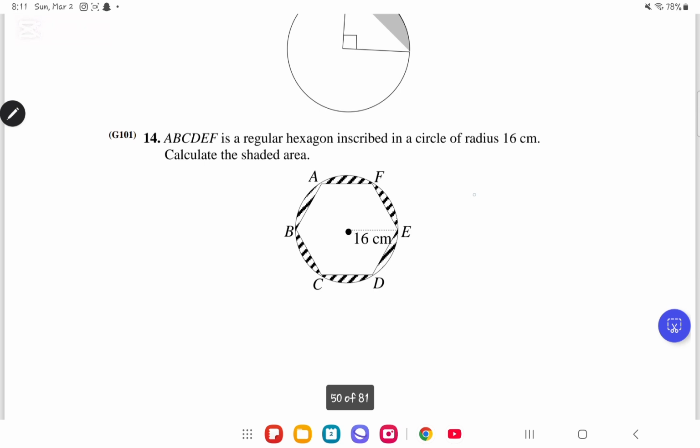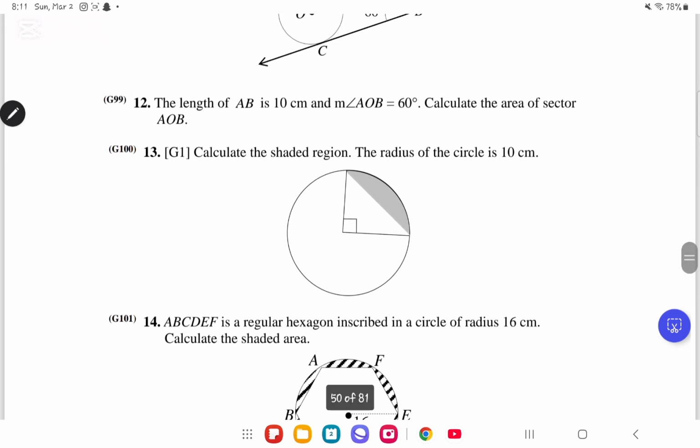We move on to question number 13. They need us to calculate the shaded region, knowing that the radius of the circle is 10 centimeters. What we need to know is that the area of the shaded region is the area of the sector minus the area of the triangle.